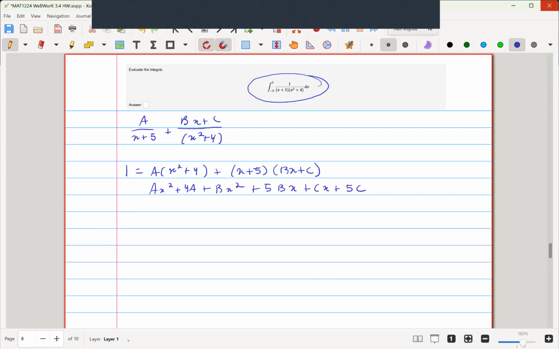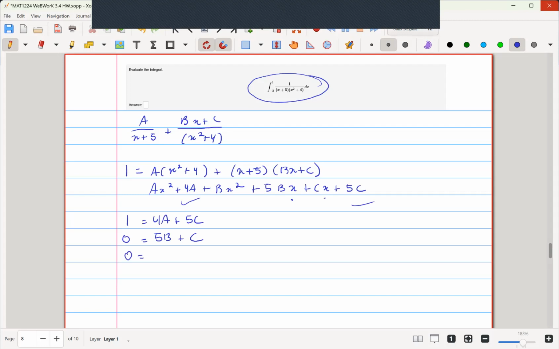All right. Now our coefficients for 1 is just going to be 4A and 5C. So we have 1 equal to 4A plus 5C, 0 for 5B plus C. That's for our x's.